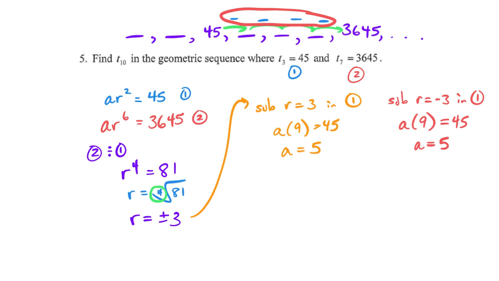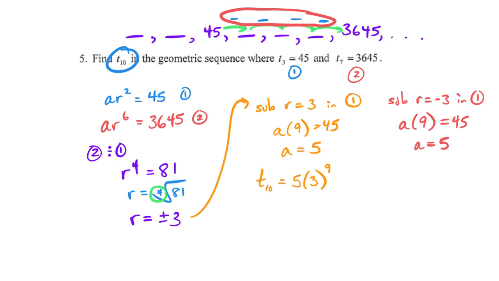Okay, time for me now to go through and answer what the question asked, find term 10. So, term 10 in my orange solution, and I should probably just do this in orange, would be an a value of 5, an r value of 3, with 10 minus 1, so 9 in my exponent.